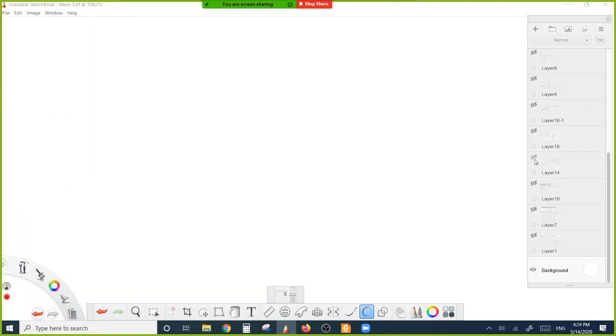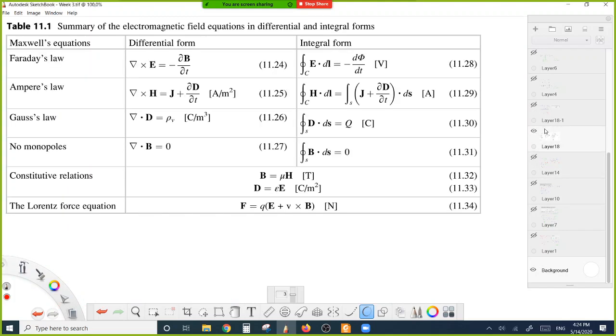This equation is used to derive the interface conditions for tangential components of electric field intensity E. And 1129 is used to derive the interface conditions for tangential components of H, which is magnetic field intensity.